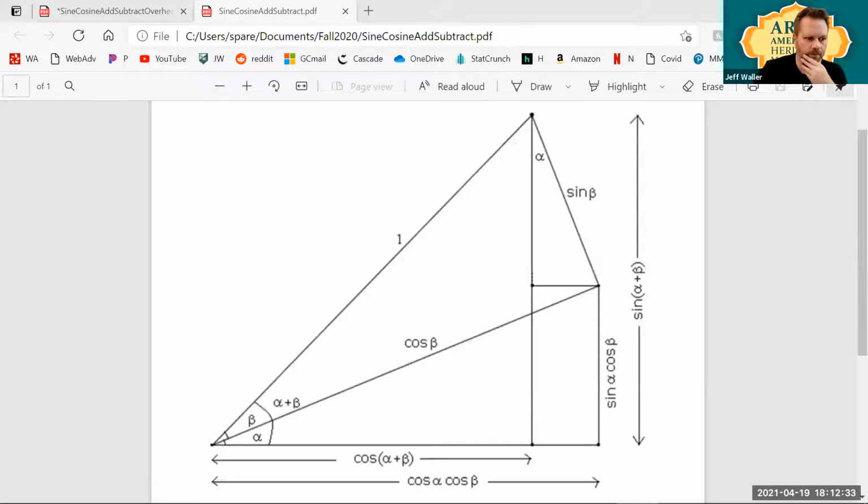Okay. So now, what can I do next? Well, let's see. Now that I've got this little triangle here set up, this is definitely a right angle here. What is this?